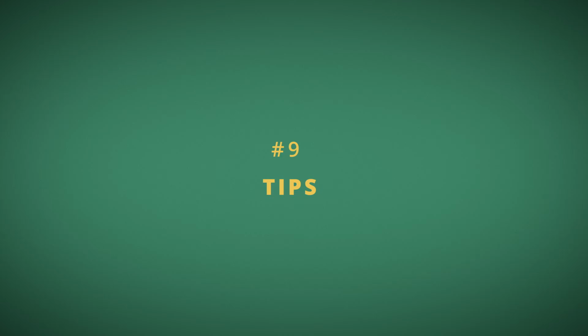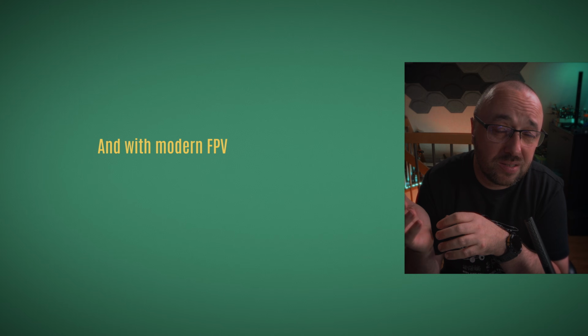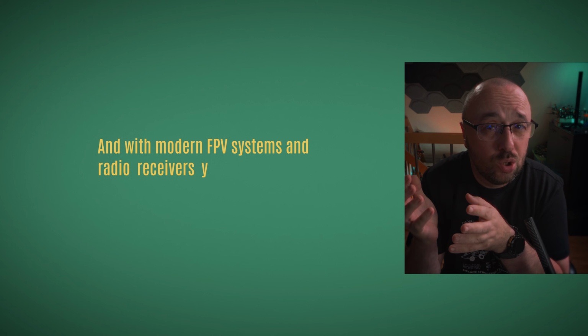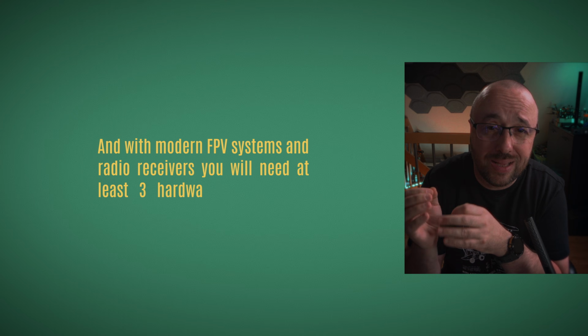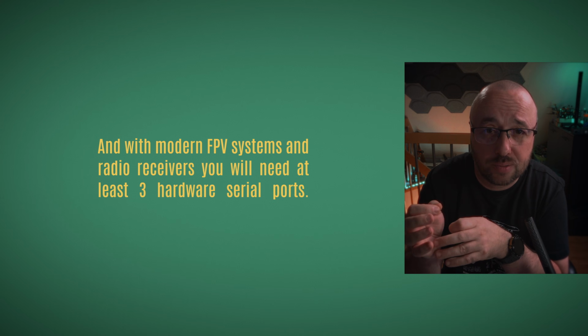And finally, I have some tips for you when choosing your first or second or third or nth flight controller. One: you will need serial ports, and with modern FPV systems and radio receivers, you will need at least 3 hardware serial ports. Not 2 hardware and 1 software serial.